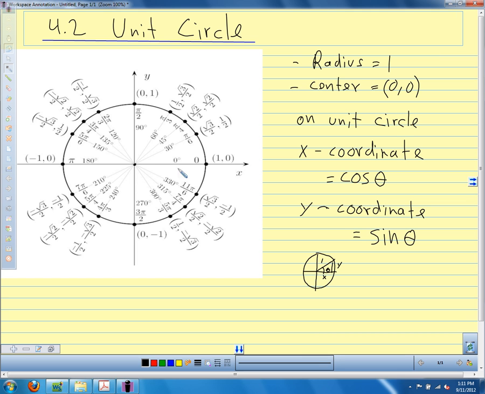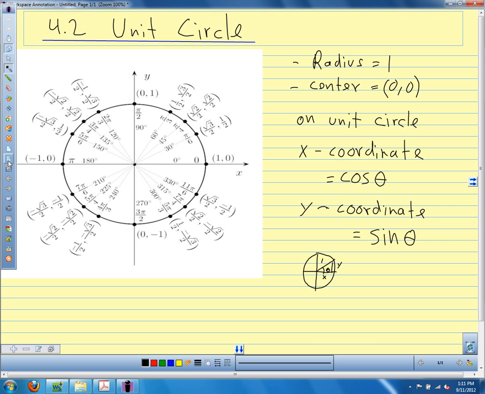So, questions before we move on with the unit circle. This is the basics of the unit circle. The really nice thing about the unit circle is it lets us extend our ideas of trig functions. So what I want you to do next is visualize.